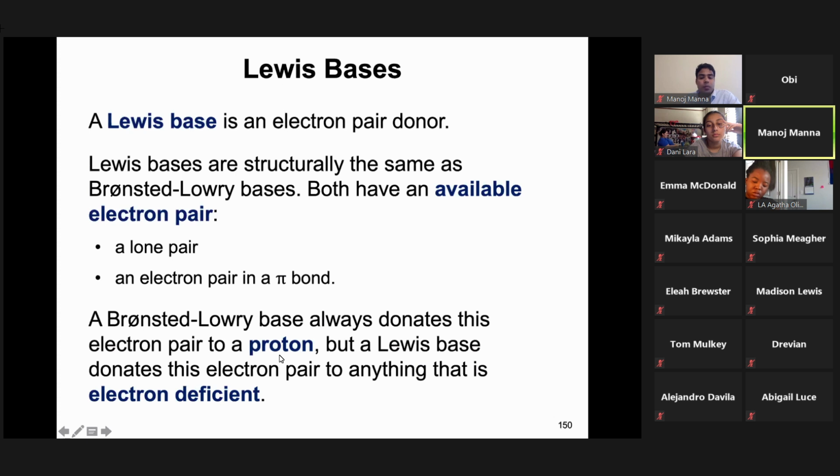There's a difference between a Bronsted-Lowry base and a Lewis base. Also we know that a Lewis base donates an electron pair to anything that is electron deficient, so not only H plus. If you have any other electron-deficient species, that can also act as a Lewis acid.